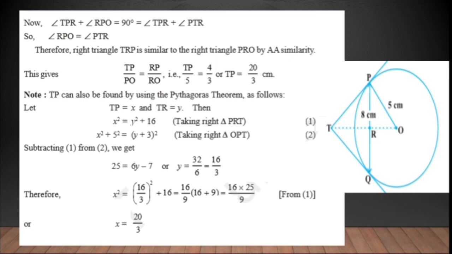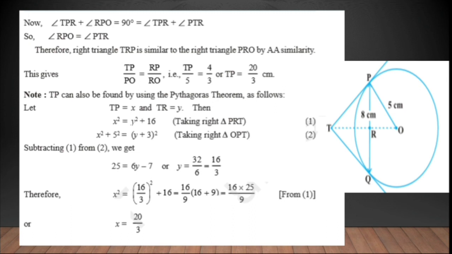Since they are similar, the ratio of corresponding sides will be equal. So TP by PO is equal to RP by RO. Now put the values here. You can find the value of TP is equal to 20 by 3 centimeters.